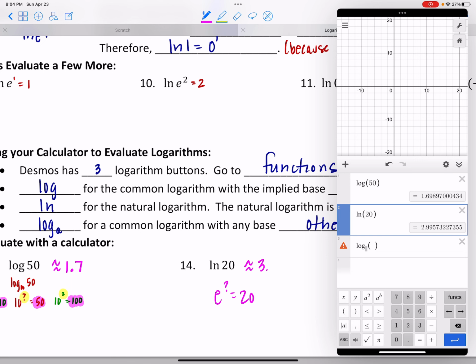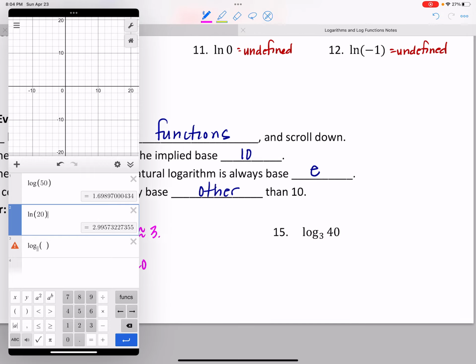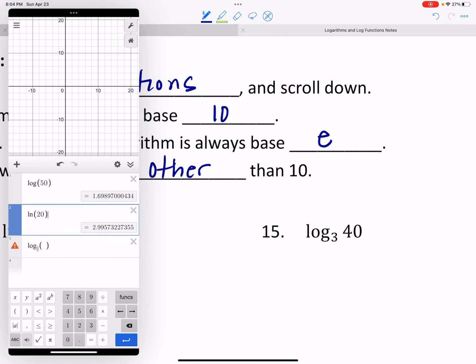Okay, and then on this last one, again, this one I can sort of ballpark. So this one is saying 3 to some power is going to make 40. We're looking for that power, right? Now I know that 3 to the third power is 27, and I know that 3 to the fourth power is going to make 81, and because 40 is right in between 27 and 81, I know the decimal I'm looking for has to be between 3 and 4.